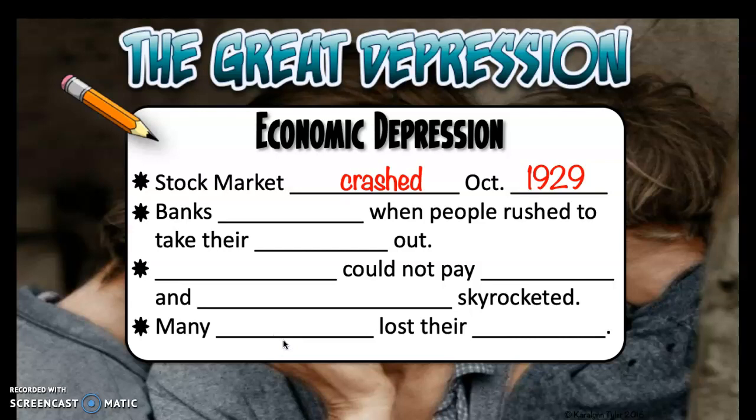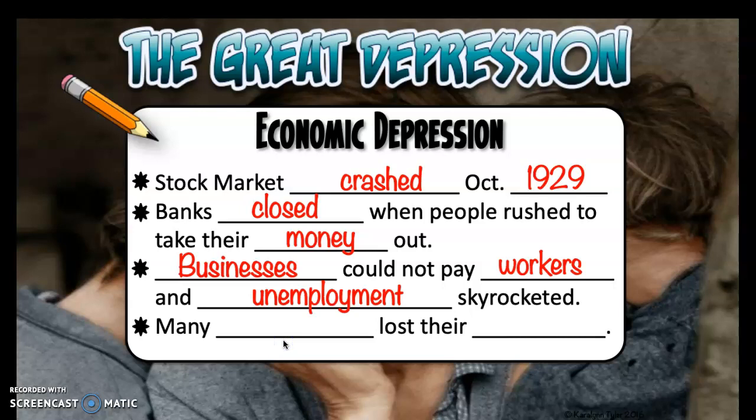So, for the economic depression, the stock market crashed in October 1929. Banks closed when people rushed to take their money out. Businesses could not pay workers and unemployment skyrocketed, and many families lost their homes. Now, this did not happen all at once.